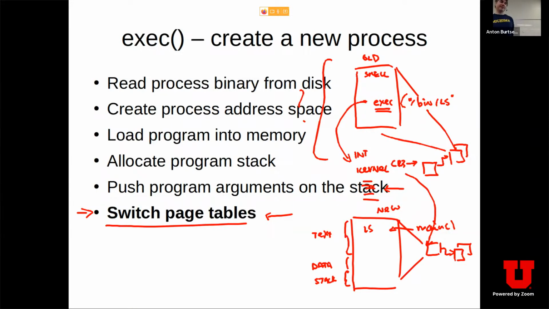Yeah, in case of error, remember there was this goto bad, and this goto bad will take care of the error and says, okay, we will deallocate this new address space. Everything we created should be wiped out, because we're not going to use it. And then we will simply return here with an error. But in case we don't encounter an error, then what happens?